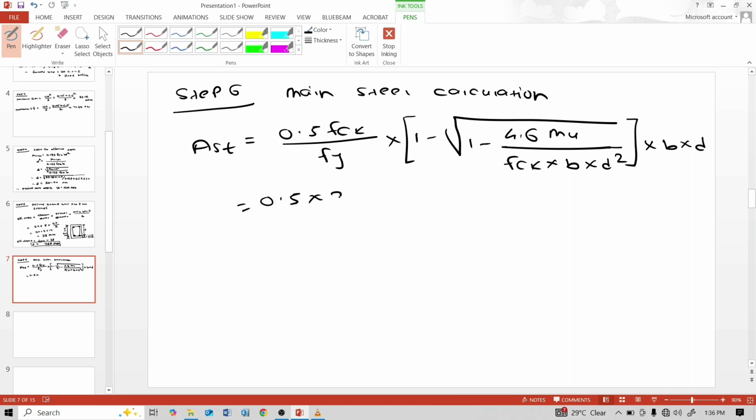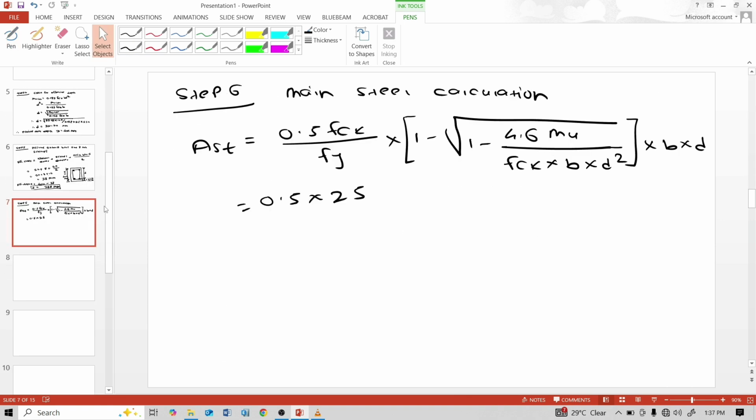So 0.5 into FCK 25 in numeric, Fy 500, 1 minus 4.6 Mu.